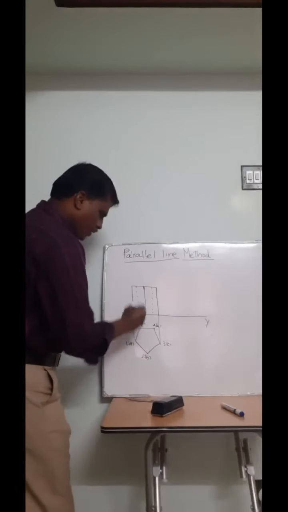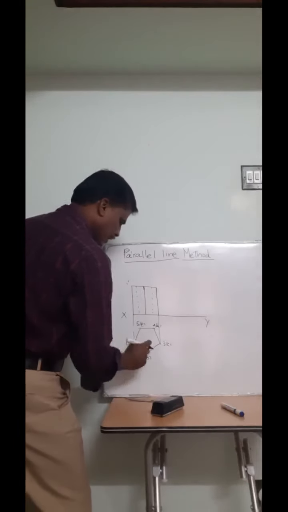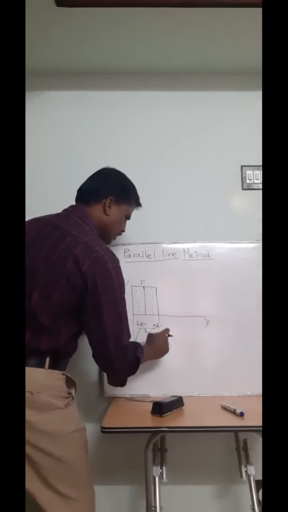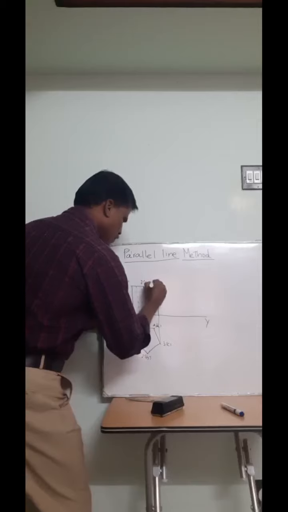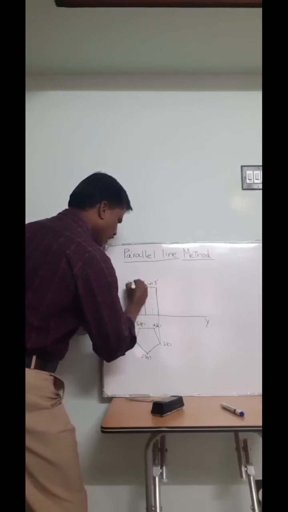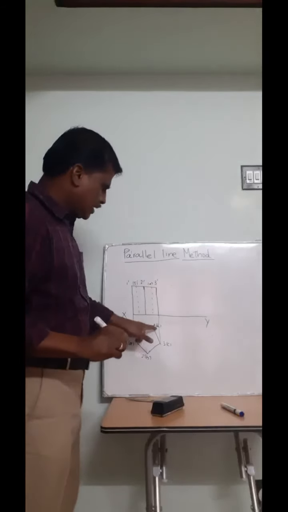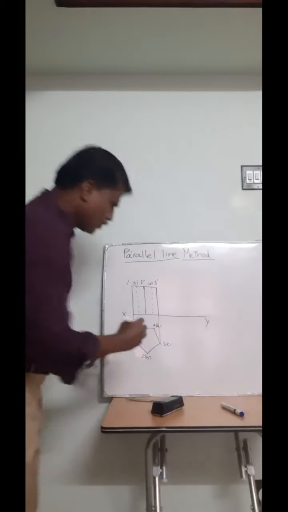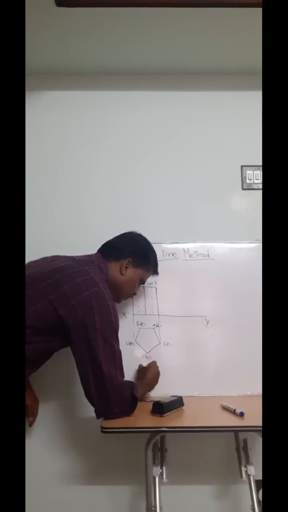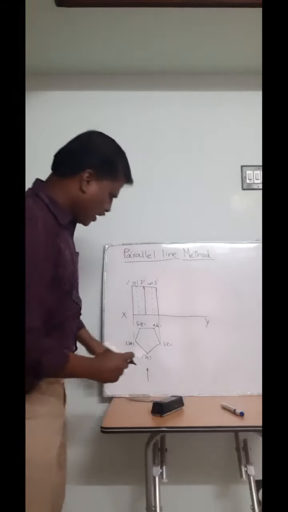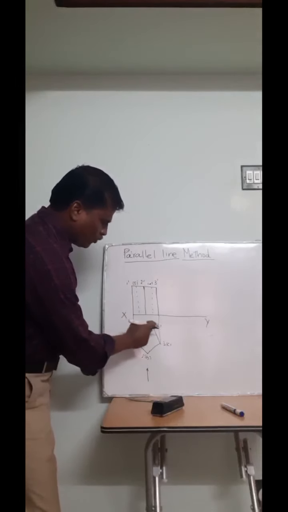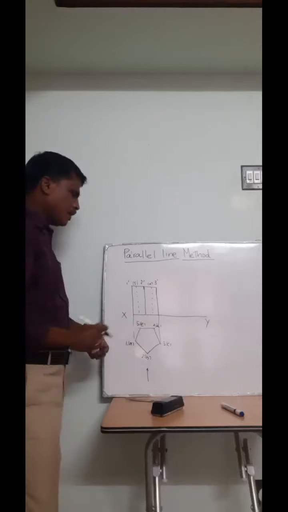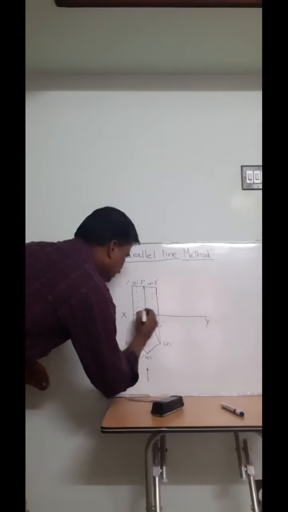The corresponding front view will be 1 dash, 2 dash, 3 dash, 4 dash in bracket, 5 dash in bracket, because the edges 4 and 5 will not be visible when you are looking from here. When looking from the front, I can see the corners 1, 2, 3. I cannot see 4 and 5. Similarly, the bottom.